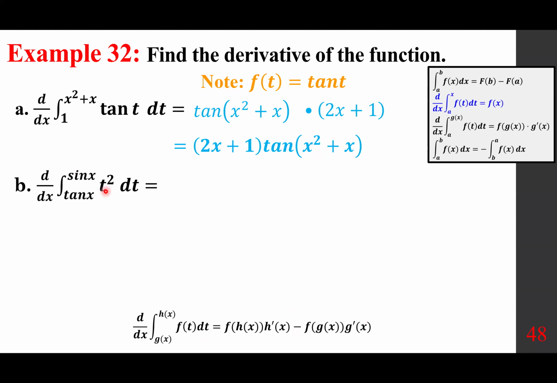So in other words, first you put the sine, you get sine squared, times the derivative of sine, which is cosine, minus, then you put tan, you get tan squared, times its derivative, which is secant squared. So f of t is t squared: sine squared x times cosine x, minus tan squared x times secant squared x. So it's very straightforward, everybody.